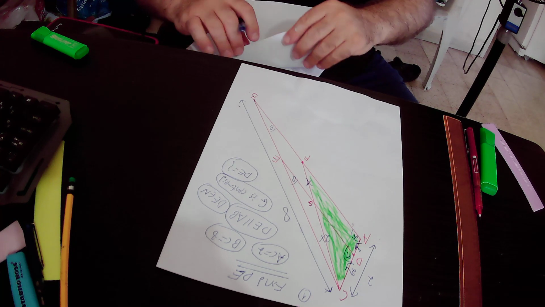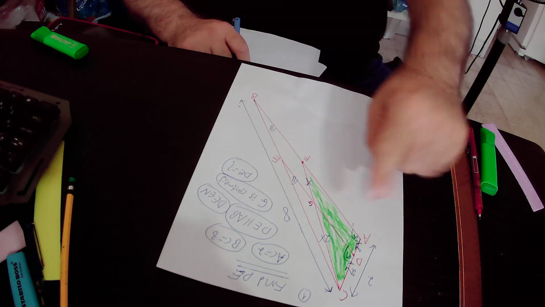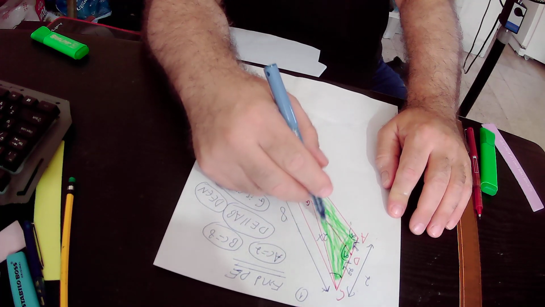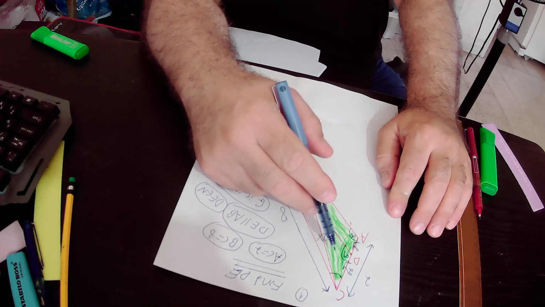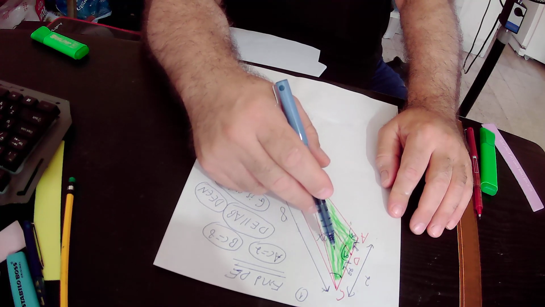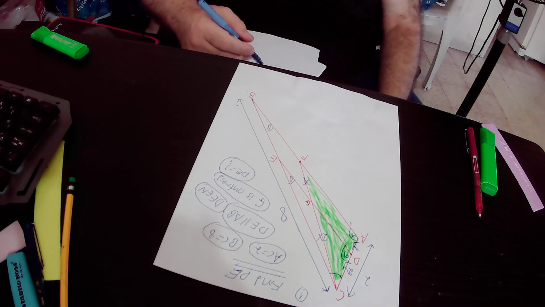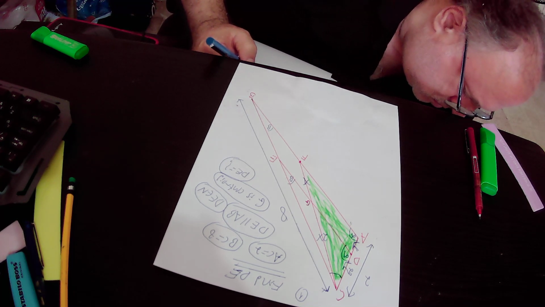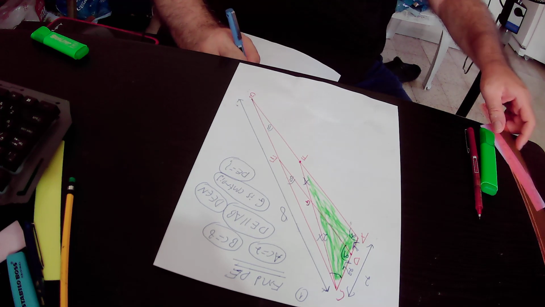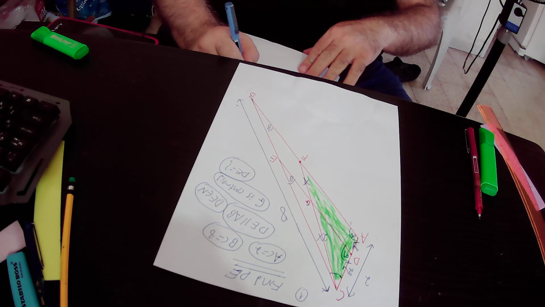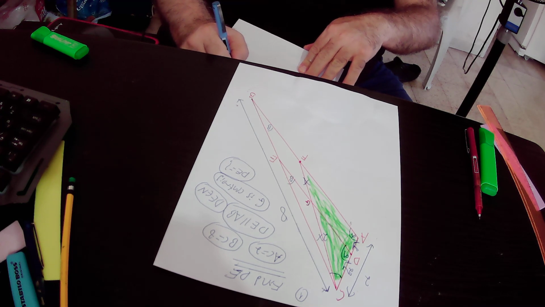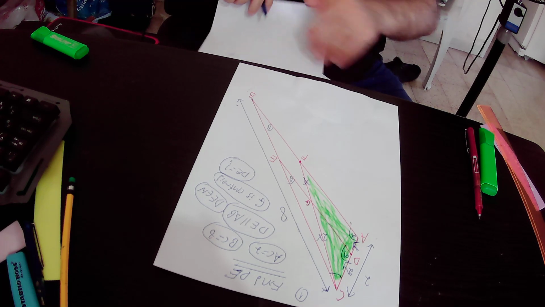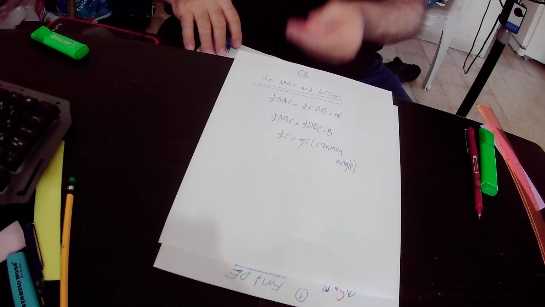And we also know that angle C is a common angle, because angle C belongs both to triangle ABC, the big triangle, and to triangle CDE. So angle C is a common angle, so we can write down that angle C equals angle C.